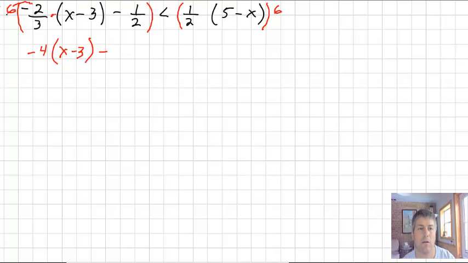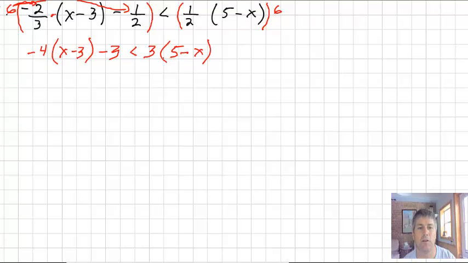Minus, and times the negative 1/2, so 6 times negative 1/2 is negative 3. It is less than, now 1/2 times 6, that's 3 times 5 minus x.